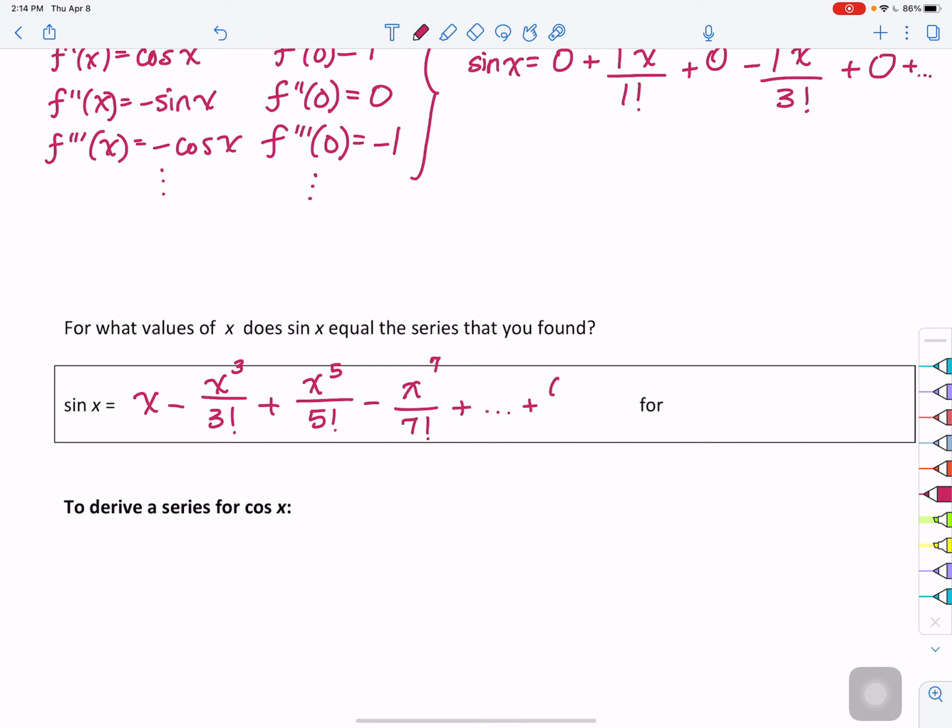We're going to have an alternating negative, positive, negative, starting with positive, x to the 2n plus 1 divided by 2n plus 1 factorial. So 2n plus 1 allows us to start with n equal to 0, okay?